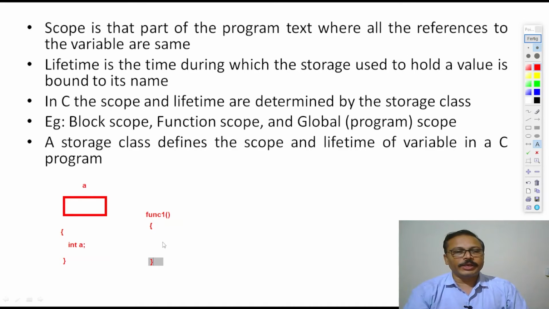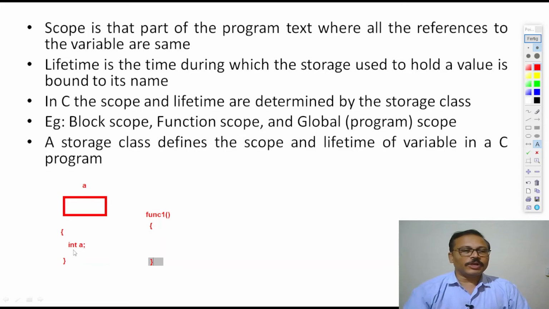You cannot refer to A here. So the scope of A which you have declared here is only this one. This is block scope. So a block is indicated by the opening and closing flower brackets. But be careful, there can be nesting of the blocks also.